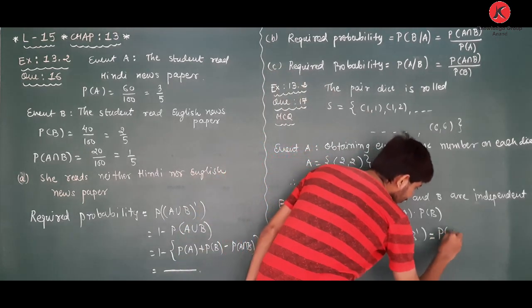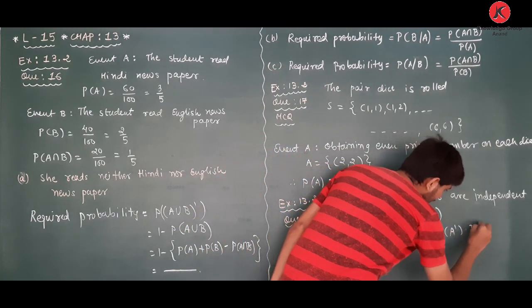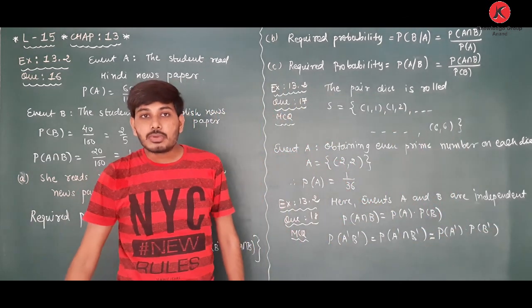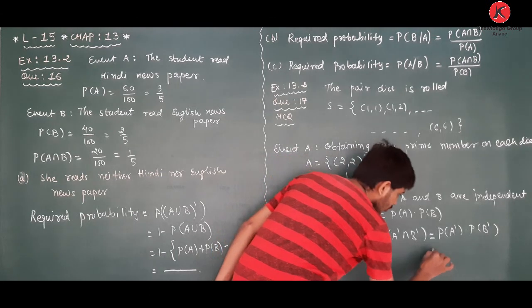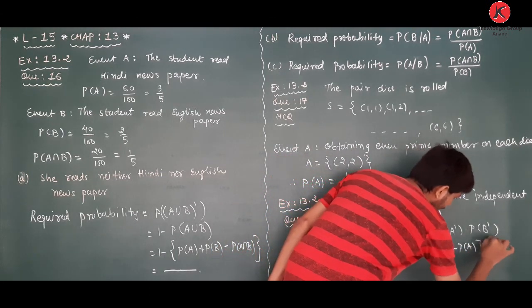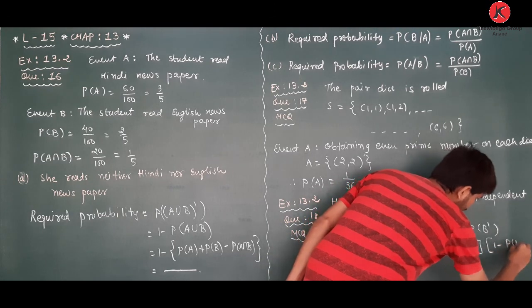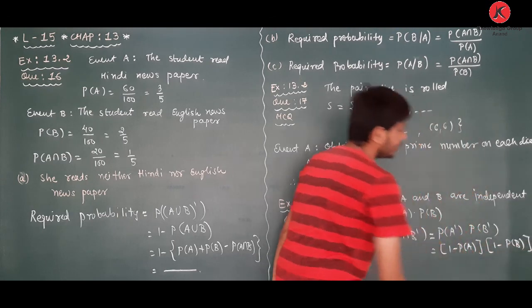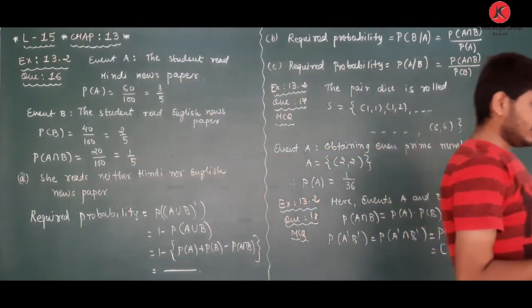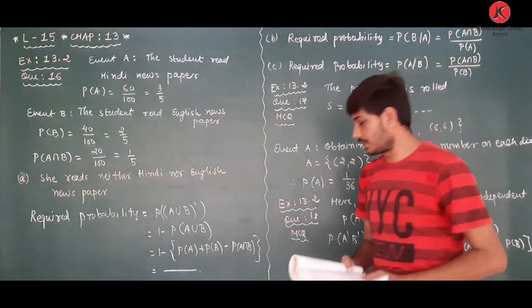Therefore, it is also written as probability of A dash into probability of B dash. And we can write probability of A dash equals 1 minus probability of A, and probability of B dash equals 1 minus probability of B. You can say option B is your suitable option for this case.